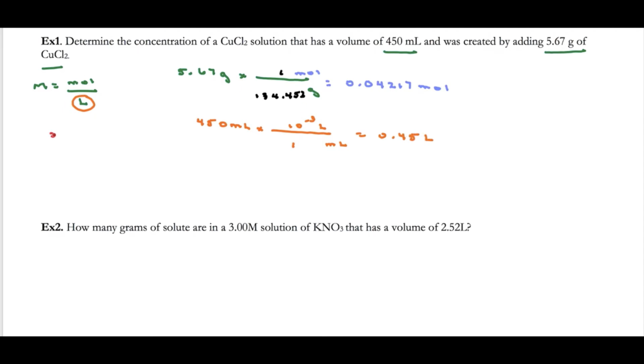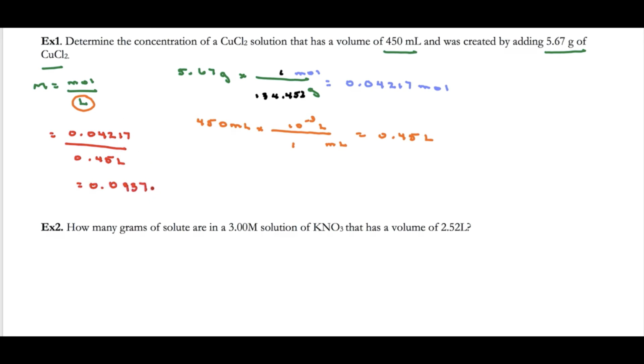My molarity equals my moles, 0.4217, divided by my volume, which is 0.45 liters. Okay, and so what I end up getting for my molarity, unrounded, is 0.0937.